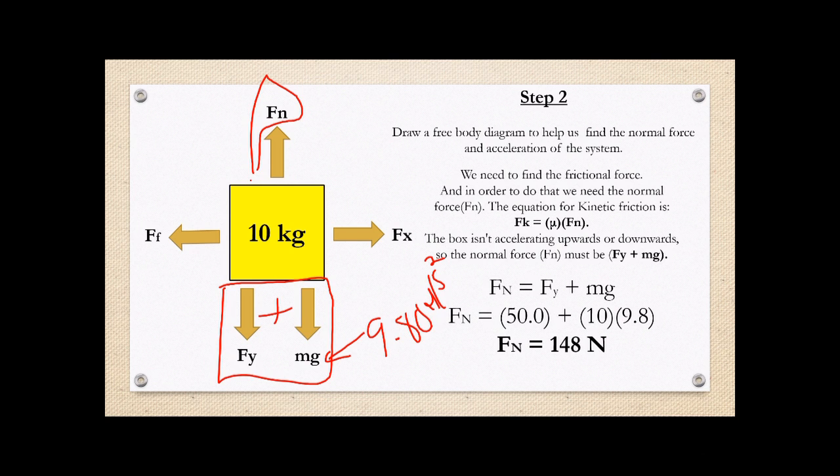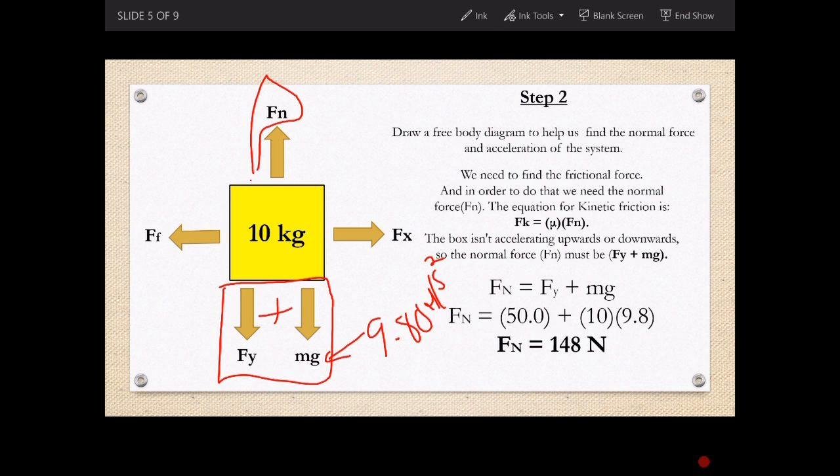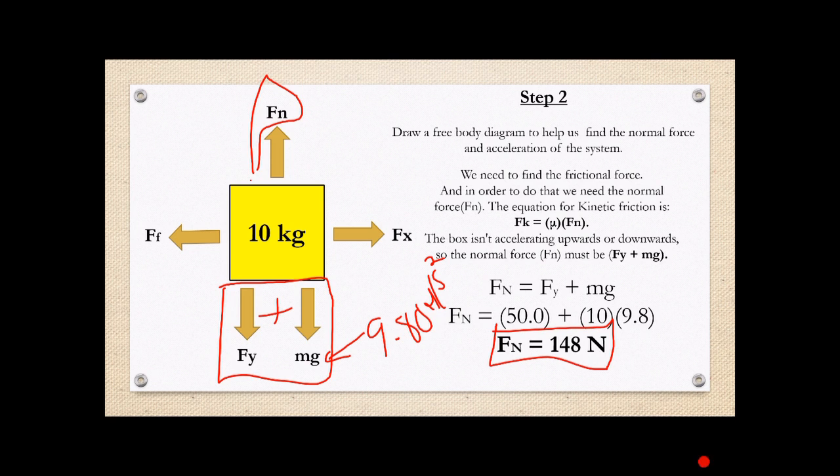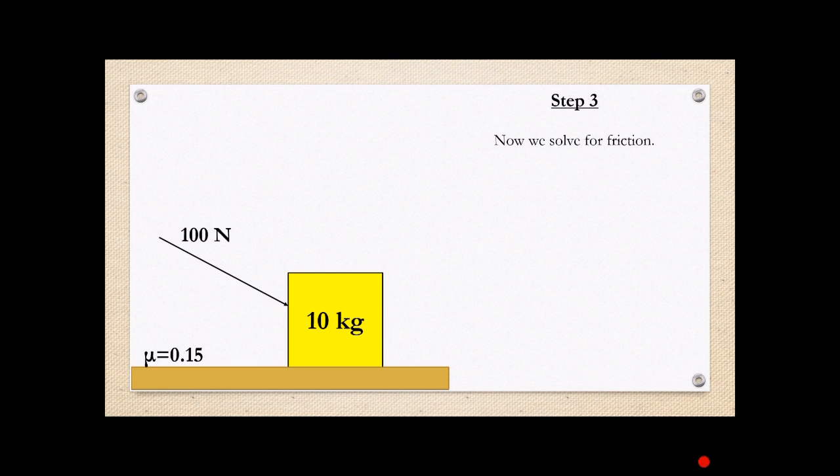Okay, plug some figures in there. The normal force is equal to F sub y plus m times g. That gives us a normal force of 148 newtons. Okay, now we can solve for friction.